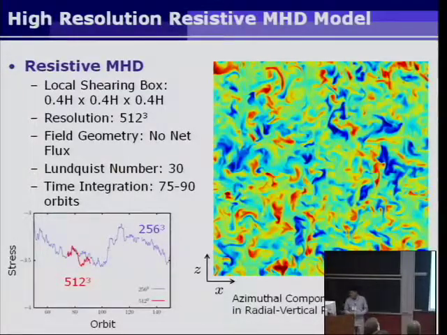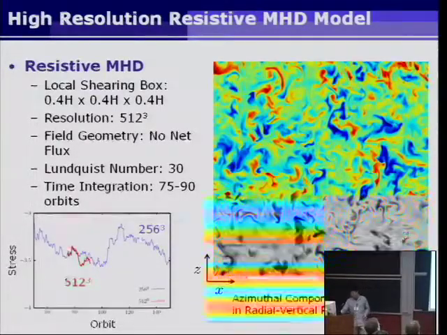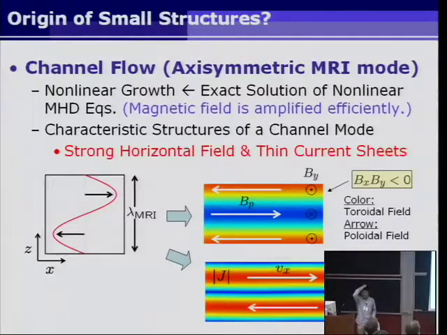And we considered the origin of this structure. What I thought is that this small structure could be a channel flow, which is the axisymmetric MRI mode. This could be an exact solution of the nonlinear MHD equation, so it goes to nonlinear amplitude, and the magnetic field is amplified very efficiently through the channel flow growth.